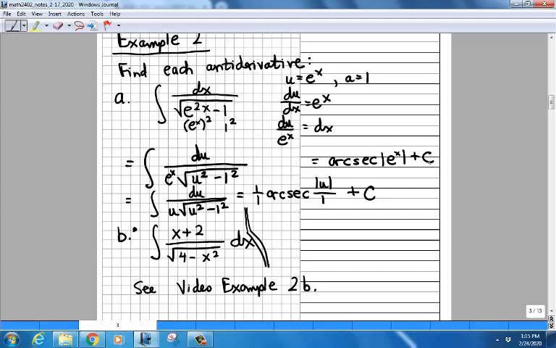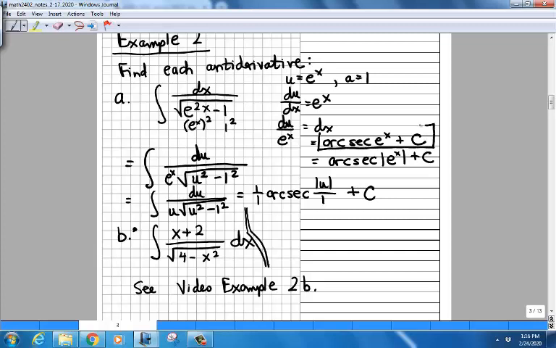Remember, when you graph e to the x, the exponential function, it's always above the x-axis. It does not have any x-intercepts. So it's not even 0 ever, much less negative. So the absolute value bars are irrelevant there. You don't need them in your final answer because this quantity is never negative anyway. So you can drop those. That's nice for the final answer. So we just have arcsecant e to the x plus a constant.